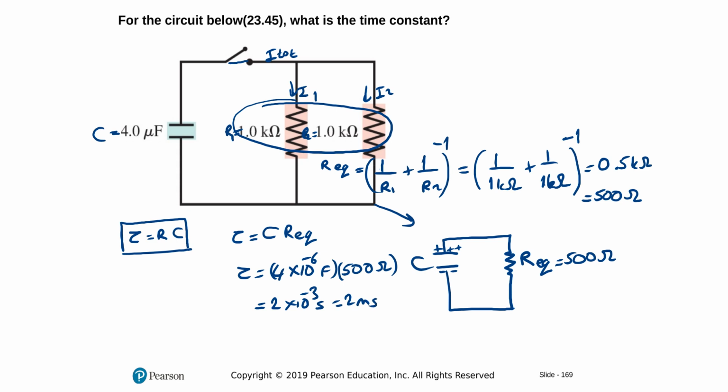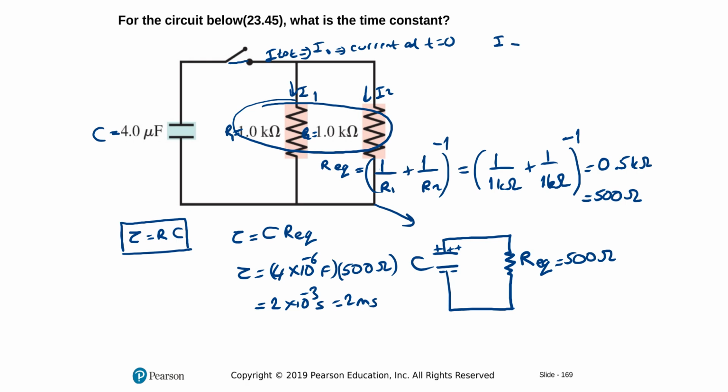After I find that, if I'm given I total, that would be my I0. Initially it starts as I0, actually. It doesn't always stay as I0, so let me change that. I0 is the current at t equal to 0. If I'm given that, or if I know the potential difference, I could calculate it using Ohm's law.